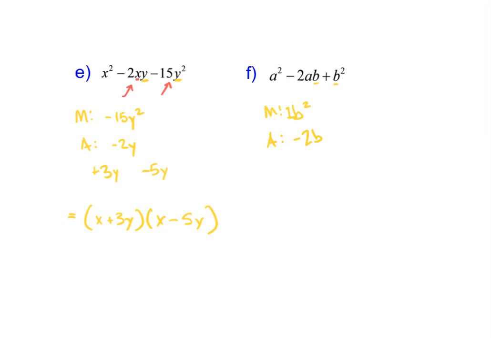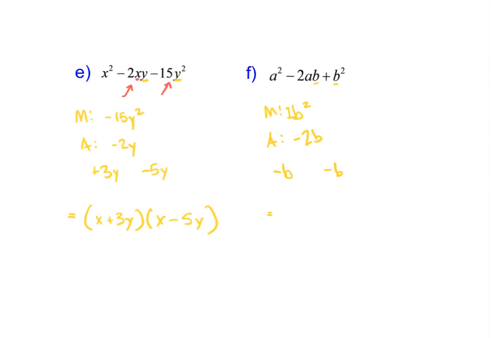If it's multiplying to give us 1, there's only one combination of numbers that do that. It would be 1 and 1. 1 plus 1 is obviously 2, but in this case we have a negative 2. So the numbers are going to be negative 1 and negative 1. With the b, it's really going to be negative 1b and negative 1b. I'm not going to write in 1b, I'll just write negative b and negative b.